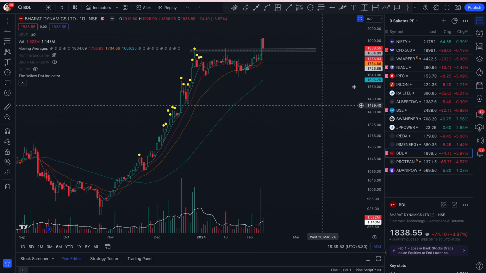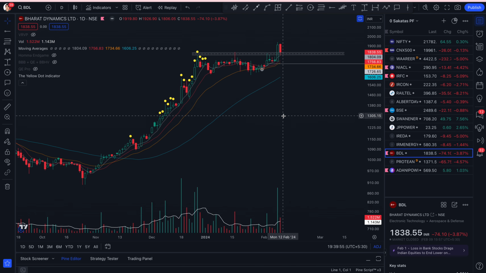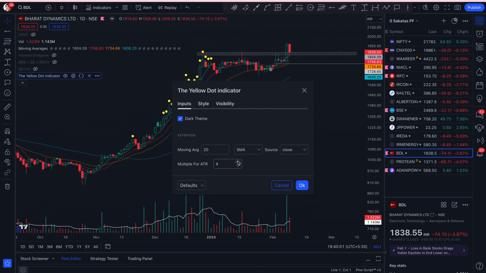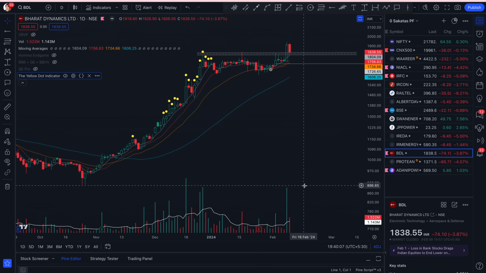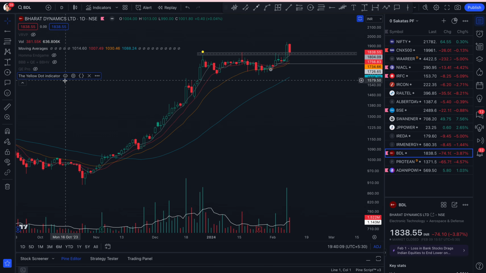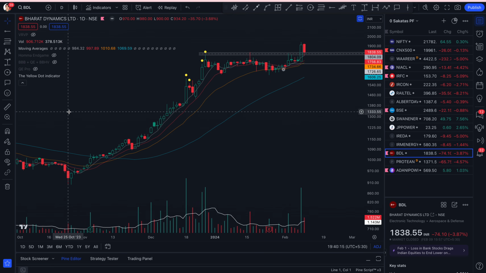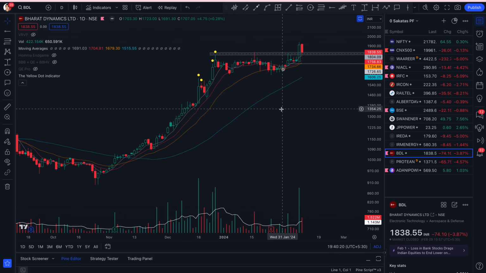In this case, 4x already gives you overextendedness here, here, here, for a shorter swing, right? But if you're a long-term swing trader or a long-term positional trader, maybe 5x ATR or 6x ATR would be the number to go with. That's how you can set up the yellow dot indicator for yourself.